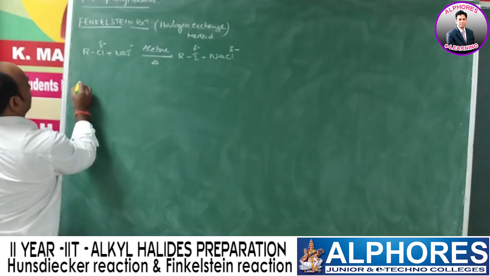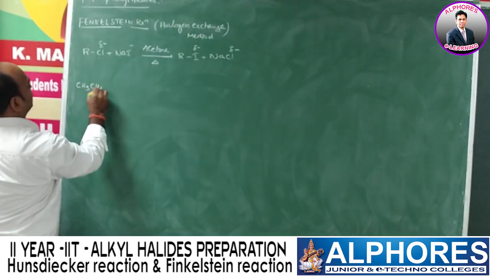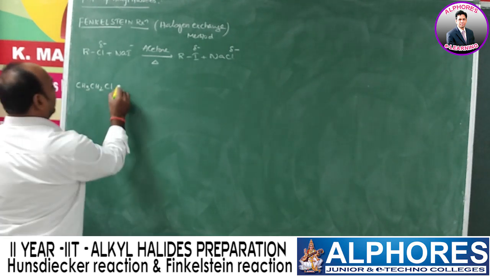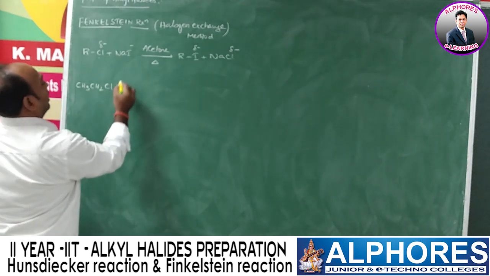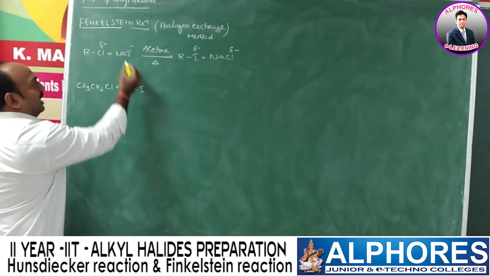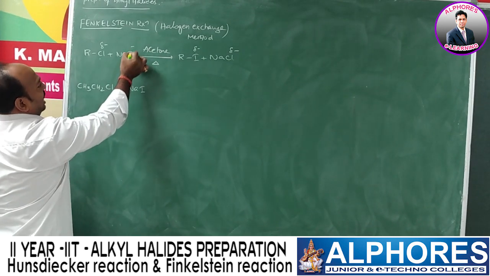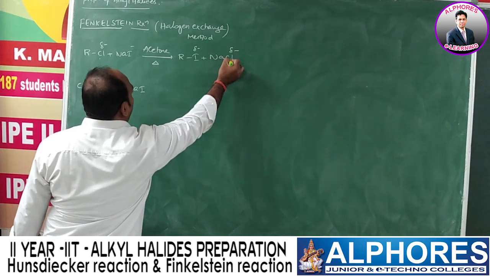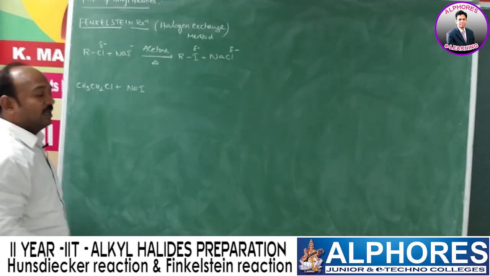Here if you observe CH3CH2Cl, I am going to consider ethyl chloride. Ethyl chloride is non-polar, and NaI. In NaI, I minus is large in size; in NaCl, Cl minus is small in size.